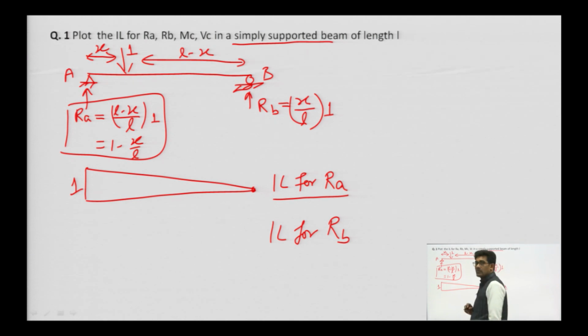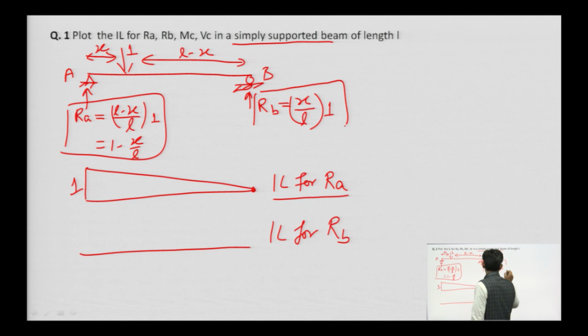RB, then we need to plot this one equation. At point A, value of x is 0. So, what will be the value of RB? RB value is 0.